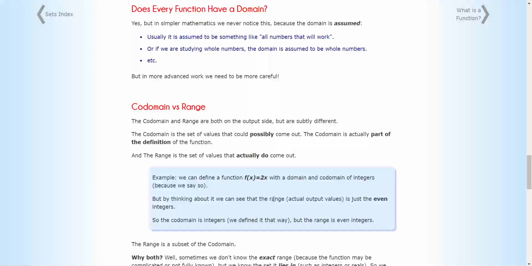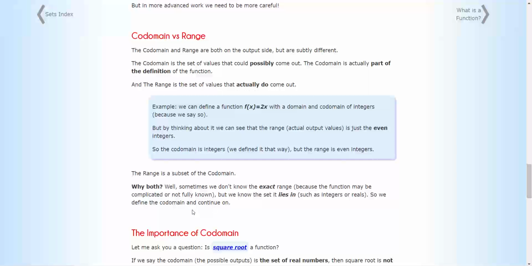Thinking about it, the range is only even numbers, while the domain is the set of integers. The range is even integers, a subset of the codomain. We don't always know the exact range because the function may be complicated or not fully known.